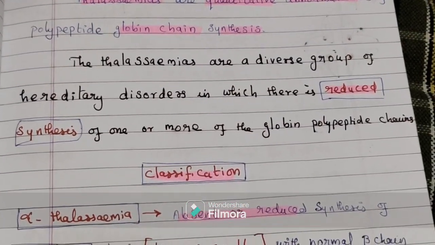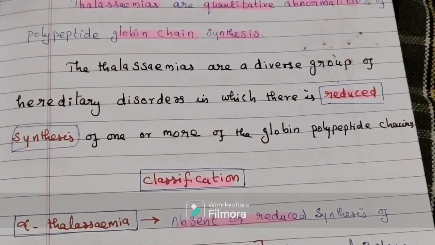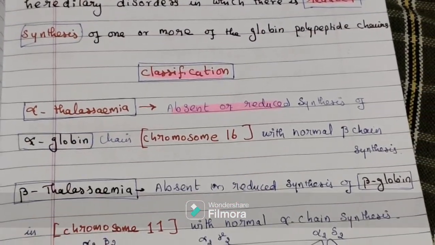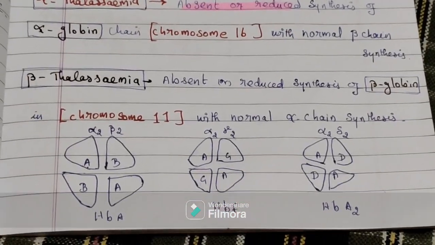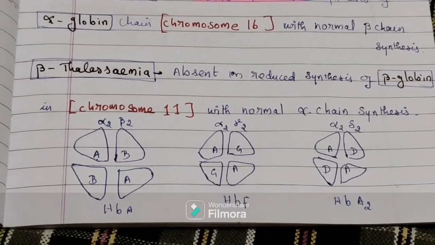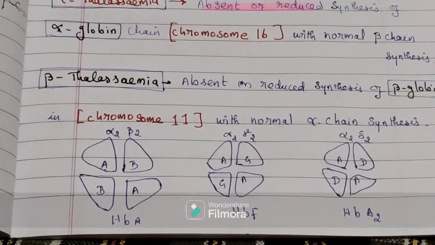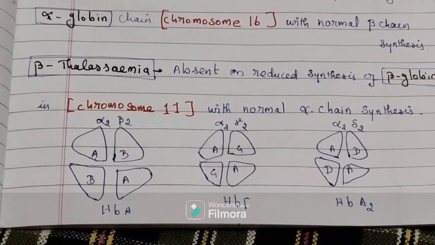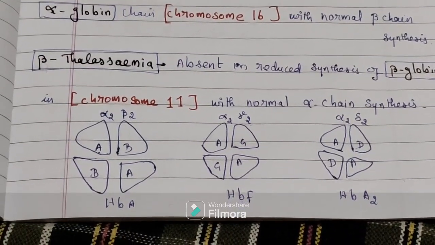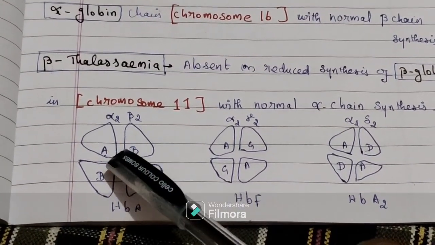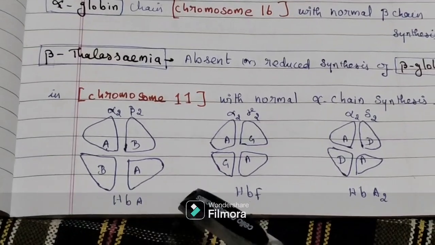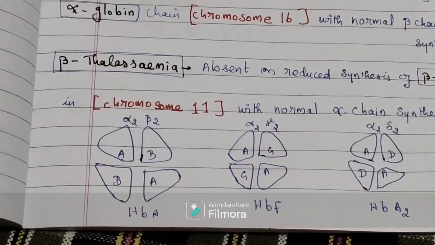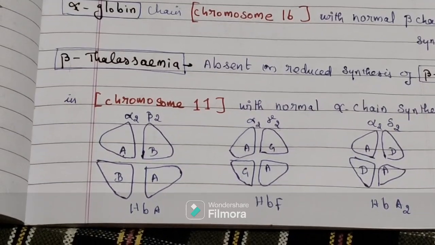chain in hemoglobin. In hemoglobin A we have 2 alpha, 2 beta. So there are two types of thalassemia. If the alpha is less or absent, it is alpha thalassemia.